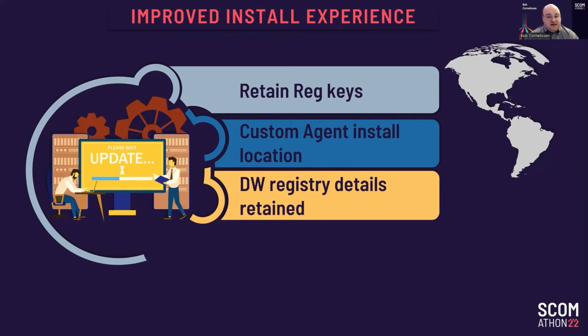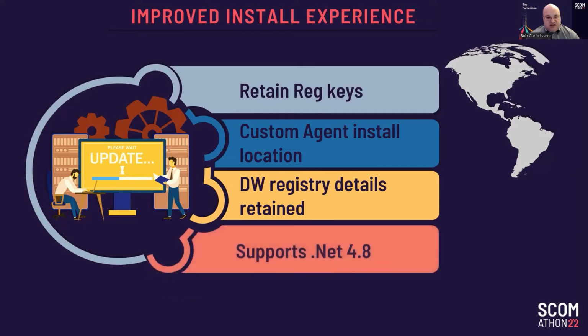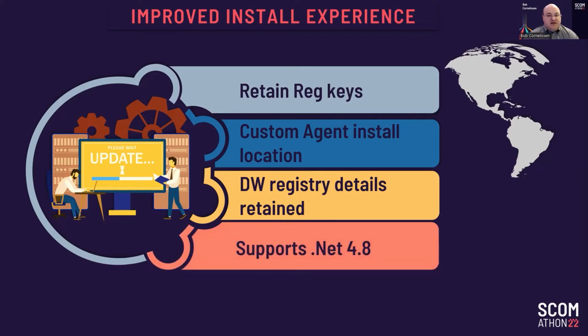Now, in that case, the customized install path will be retained while upgrading to the new version, which will be then installed in the same path. And support for .NET 4.8 got added for the setup wizard as well. We see .NET 4.8 support popping up in several places on the supported list, by the way.